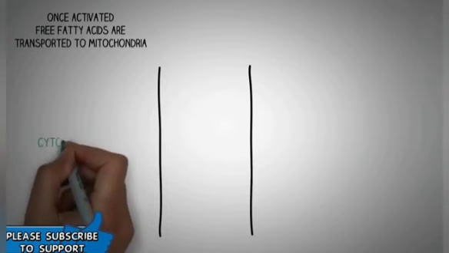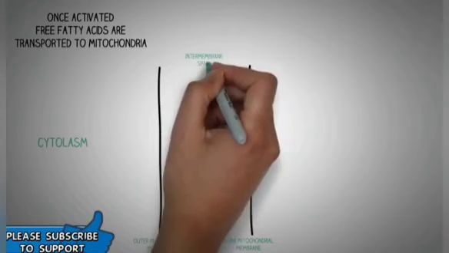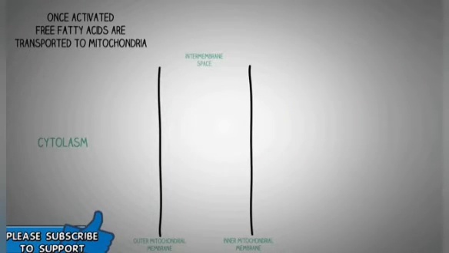So on one side we have the cytoplasm of the cell, we have the outer mitochondrial membrane and the inner mitochondrial membrane. The space between them is known as the intermembrane space, and on one side we have the matrix of the mitochondria.